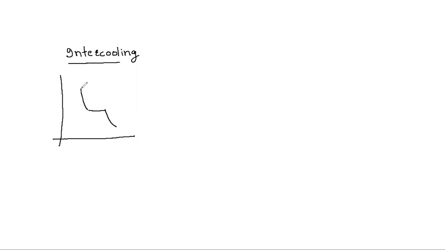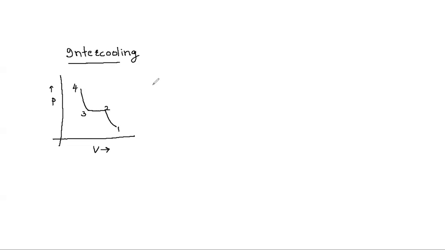This is a pressure volume diagram I have drawn. Let me label it. Let us say that the initial stage, that is entry to the compressor, is 1. Exit from the low pressure compressor is 2. Then there is some intercooling from 2 to 3, and then there is a compression again from 3 to 4.